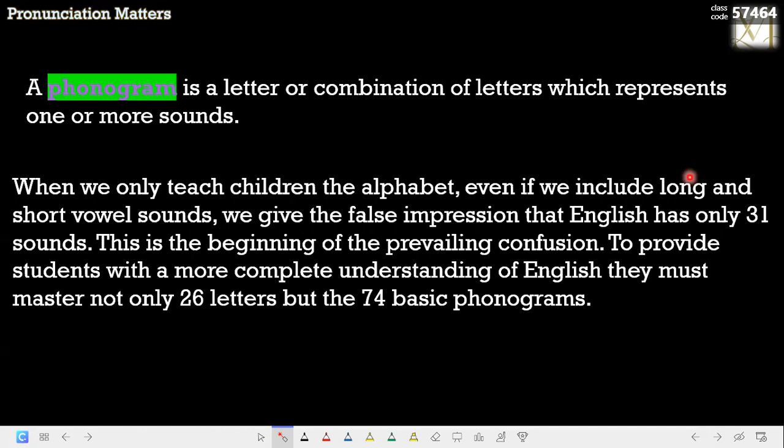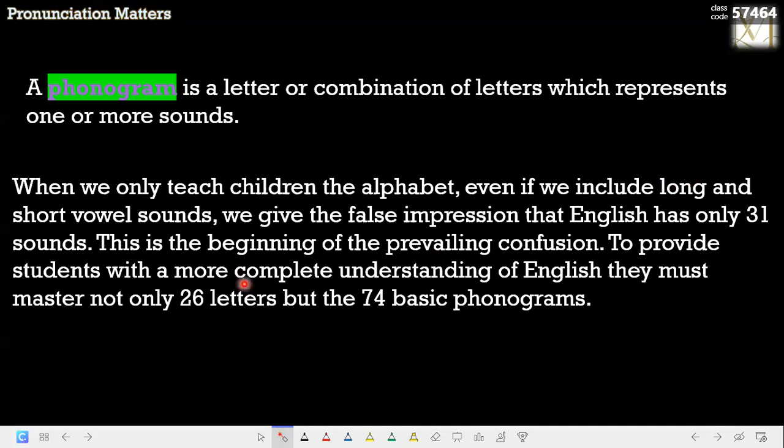The word phonogram consists of two words. The first word is phono, which means sound, and gram means picture. It's a picture for the sound. We try to put this sound in a picture, to always produce the sound in the same way when it is repeated in words.